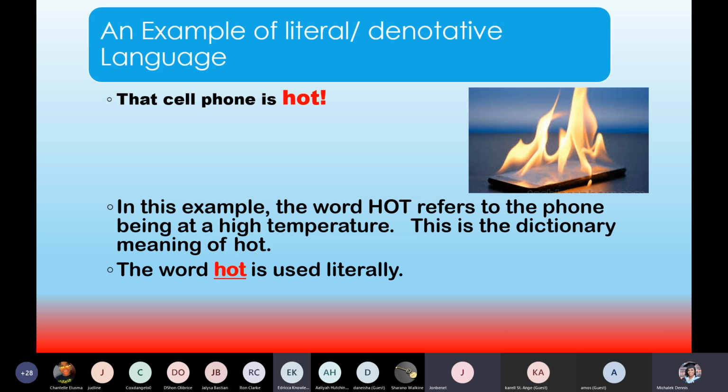Very good. Yes, you are correct. That means it's literally hot. You can feel the heat, the temperature. In this example, the word hot refers to the phone being at a high temperature. At some point it may burn your hand or you can feel the heat from it. That's the dictionary meaning of the word hot for literal or denotative language.